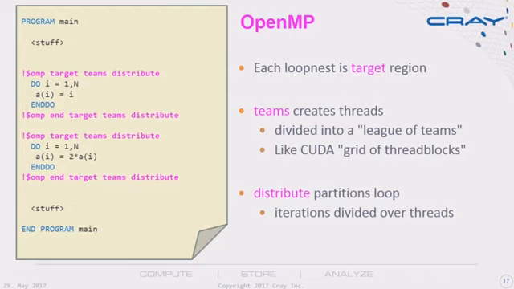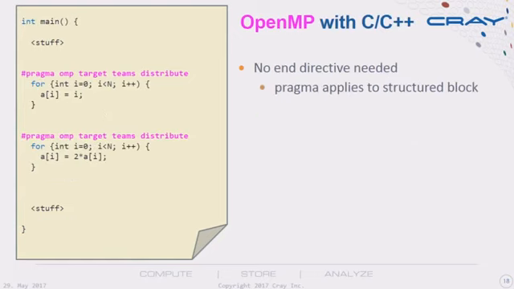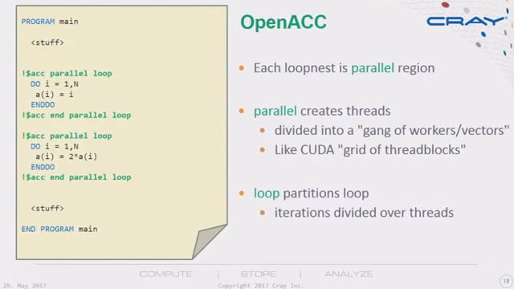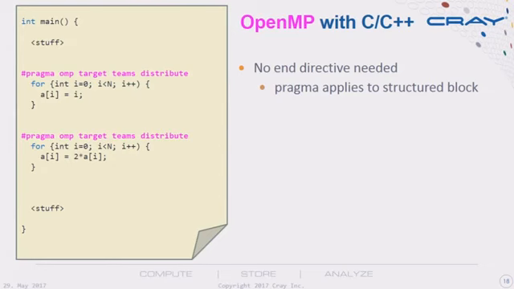And then distribute means that the whole loop should be distributed within the different threads. This is the example for Fortran code. For C and C++ code, it looks quite similar, but there we have no need to do the closing pragma, since we have our structured blocks anyway.